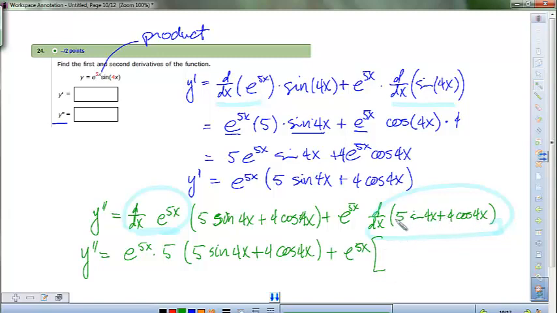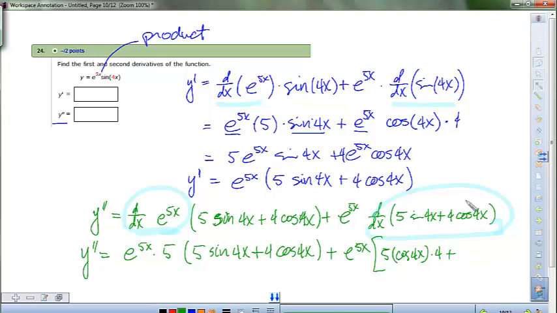So the derivative of a constant times something is going to be a constant times the derivative of that something. And the derivative of sine 4x, we already did that one, that's cosine 4x times 4.